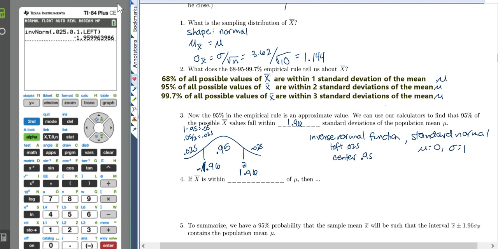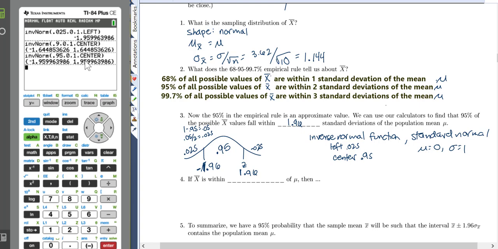And if I wanted to do the center instead, I would do 0.9 in the center. Oh, sorry, I did 0.9, I was supposed to do 0.95. If I do 0.95 in the center, it tells me it goes from negative 1.96 to 1.96.